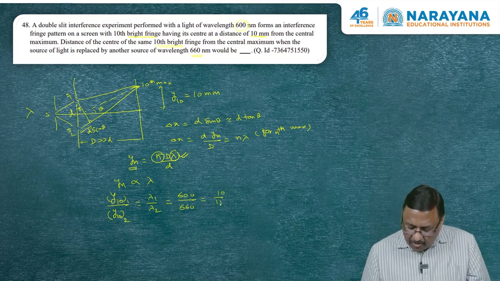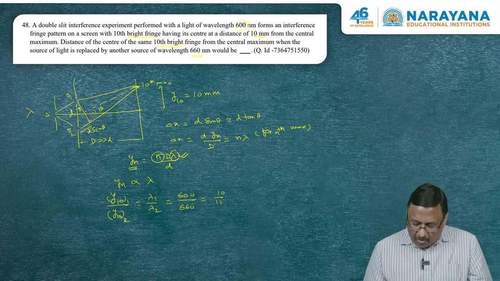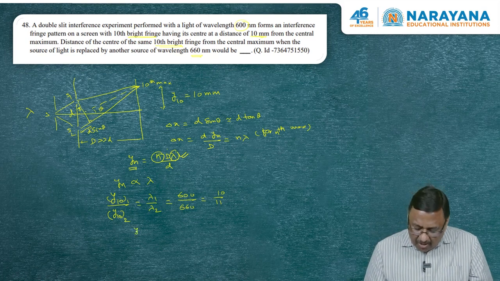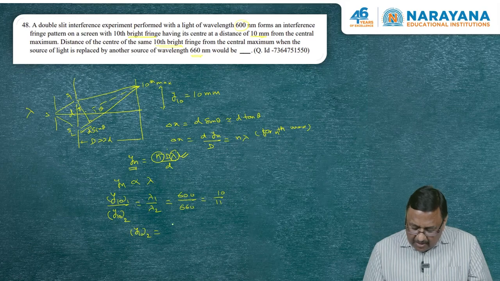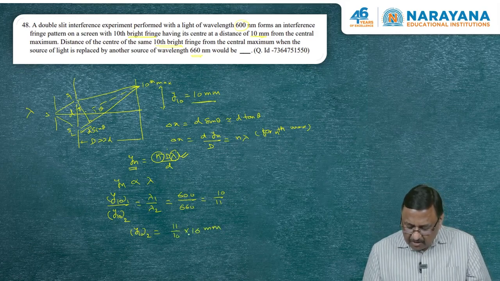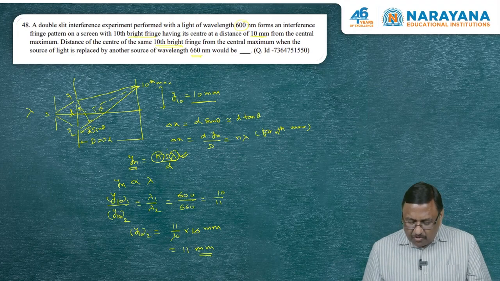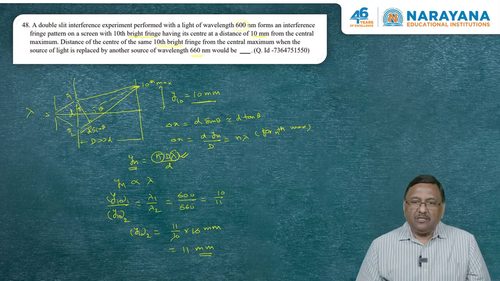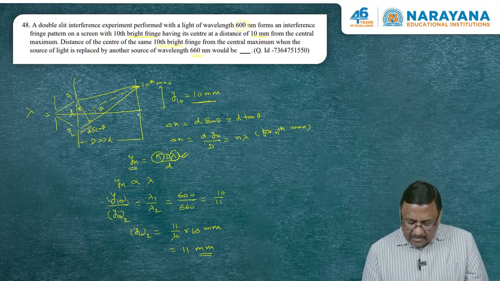The 10th bright fringe for the second wavelength is going to be 11 upon 10 into y01. y01 is given to be 10 millimeter, so I write again into 10 millimeter. This cancels out. What is the value? 11 millimeter is the position of your 10th bright fringe from the central maxima.